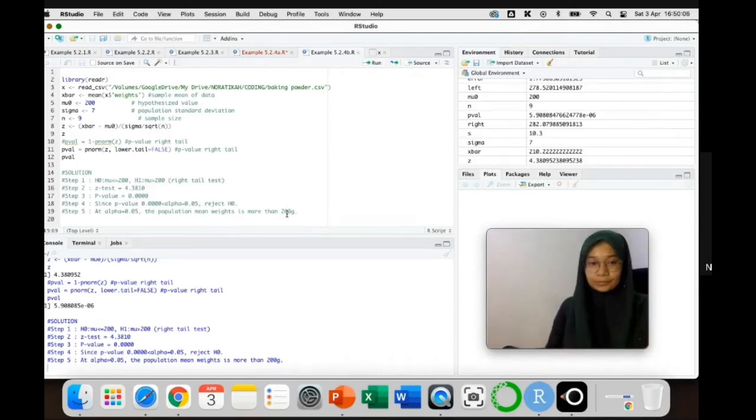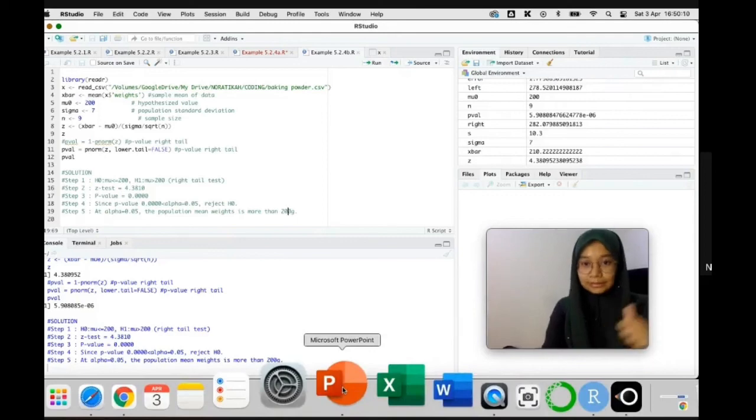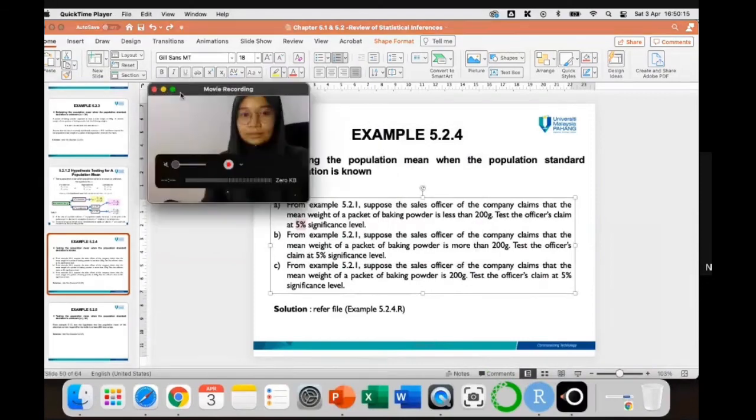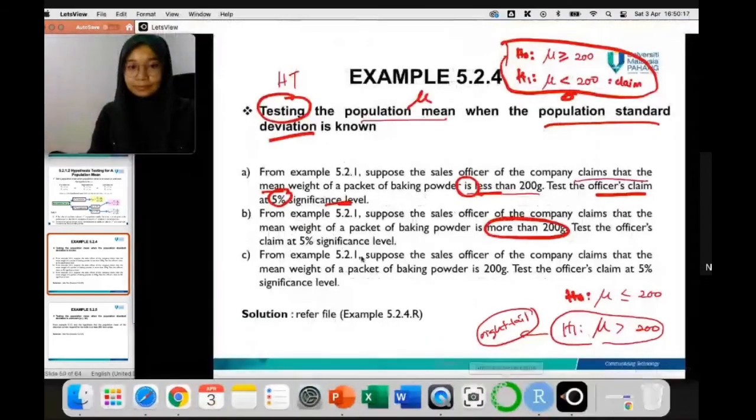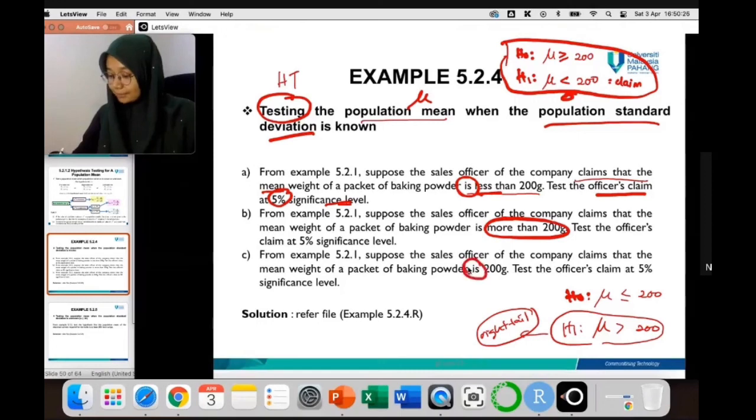Okay. So, how about two tail? Tadi dah left tail, ini right tail. How about two tail? Okay, kalau two tail, macam mana soalan dia? Macam ni. For example, 5.2.1, ini claims that the mean weight package method is 200. The keyword here is 'is'.